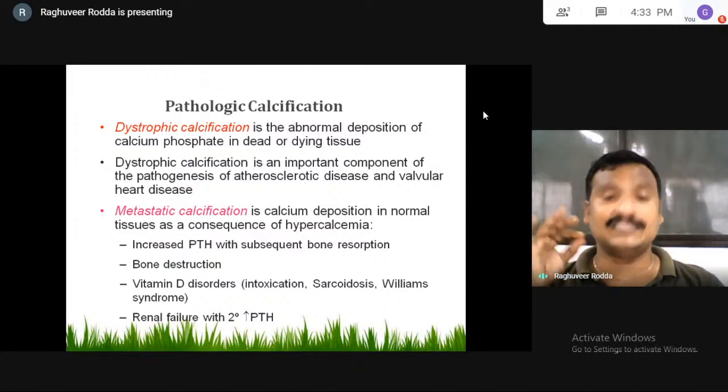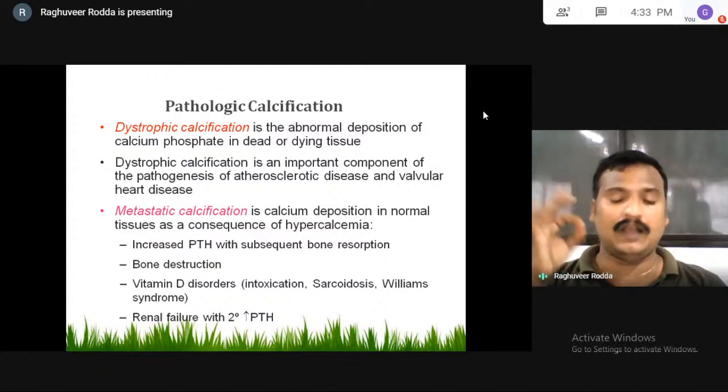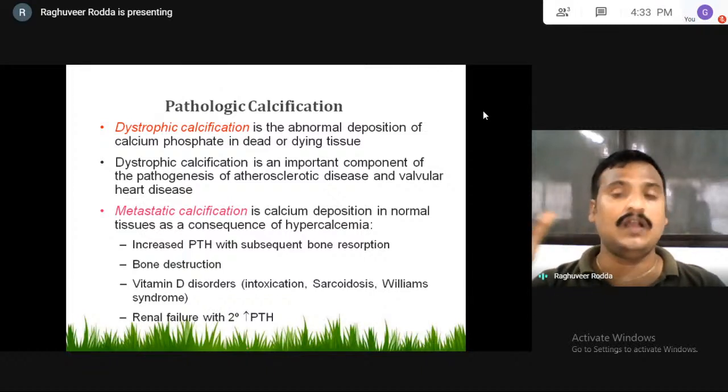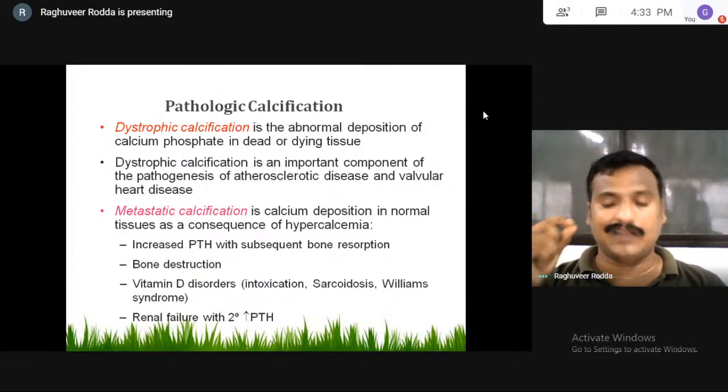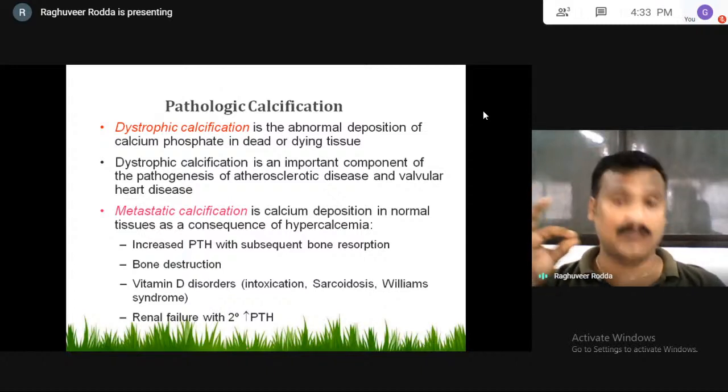Whereas the same calcium, during hypercalcemia, whenever there is a high calcium concentration in the blood or in the body fluids, in that particular condition, the excessive calcium present in the blood or in the body fluids will go and deposit in the normal tissue, the tissues which are working normally or which are healthy.